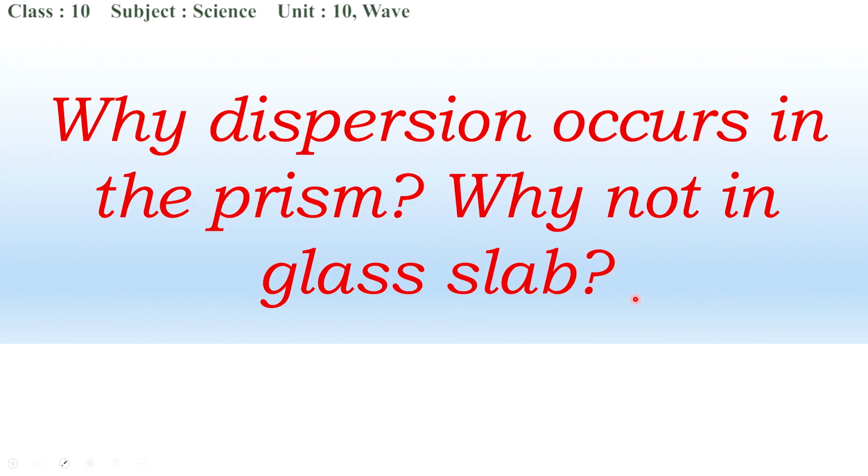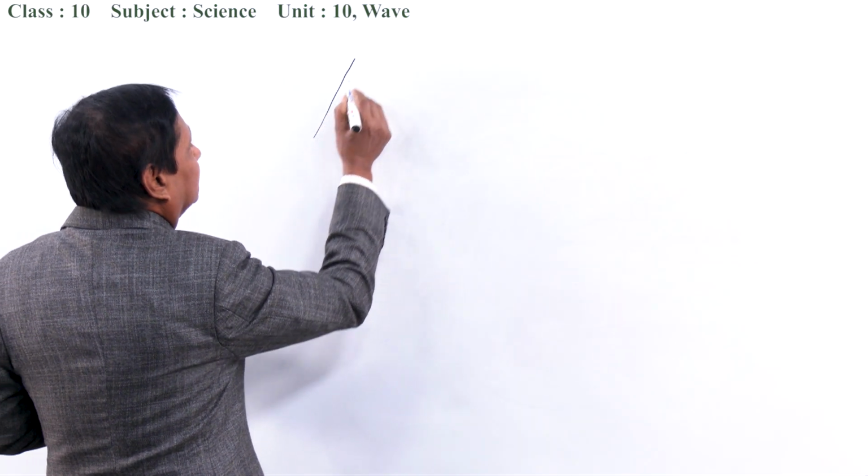Now one question: why does dispersion occur in the prism, but not in the glass slab? We are using a glass slab for the refraction of light. We did a lot of experiments related to the glass slab in the previous class also, but why does dispersion occur in the prism? Why not in the glass slab? I want to describe this with the help of a diagram. This is a prism.